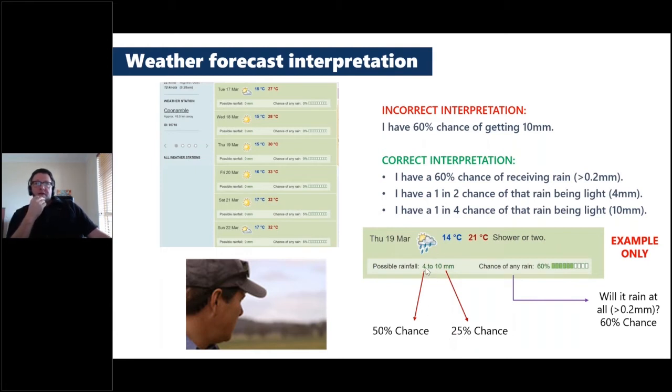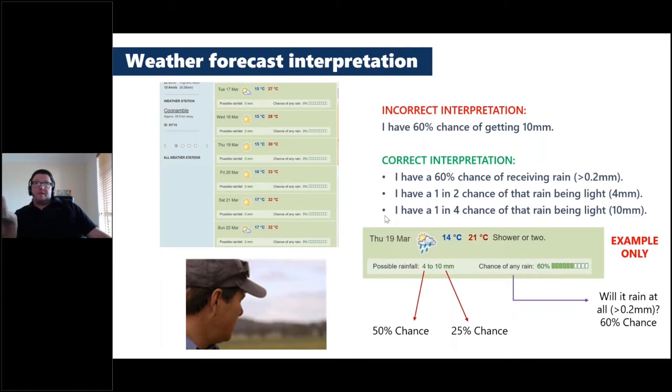So the thing you've got to really look at, I think, is that bottom figure. That gives you the more certain level. The probability there is actually just the chance of will I get any rain at all or not. There's a 60% chance that you'll get some rainfall, and that is just 0.2 of a millimeter and above.